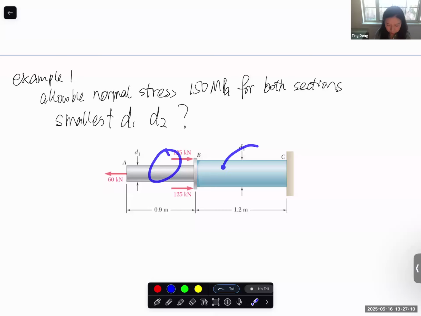For both sections, it is 150 megapascal, which means that if the stress generated in a structure is higher than 150 megapascal, it will fail. You need to design the smallest dimensions D1, D2. How to figure out the smallest D1, D2?